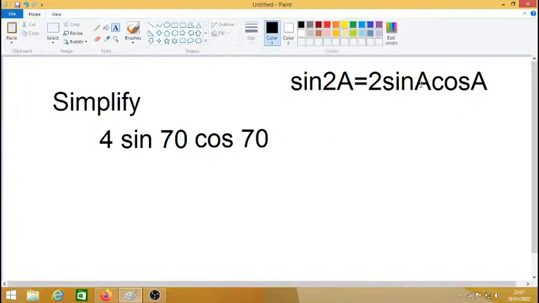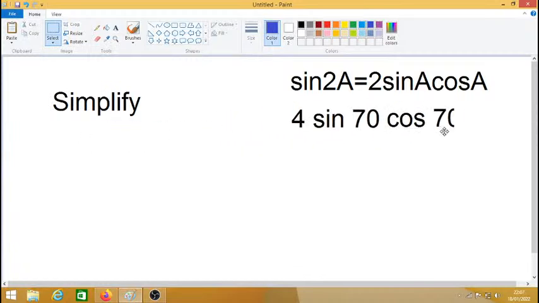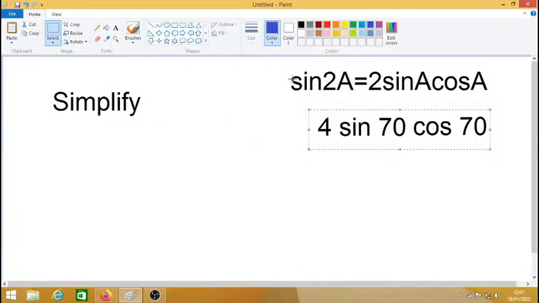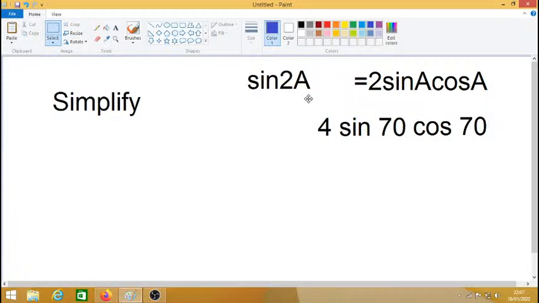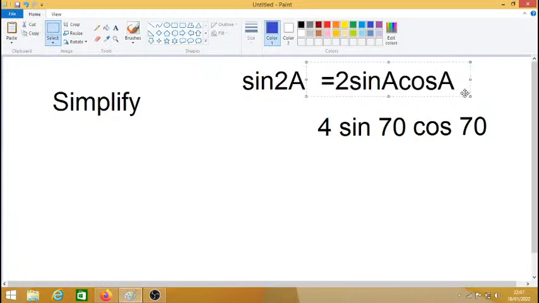So if you think of the right-hand side, you've got your a, then that's your 70, and on the left-hand side it's going to have to be 140, your 2a. So let's write that and see how that compares. Sine 2a is equal to 2 sine a cos a. The sine 70 cos 70 definitely looks like the sine a cos a, but I've got a 2, not a 4.